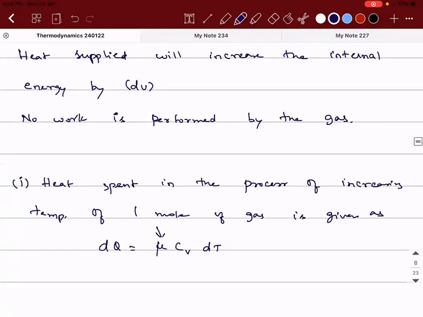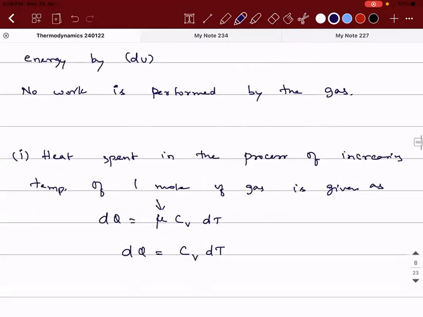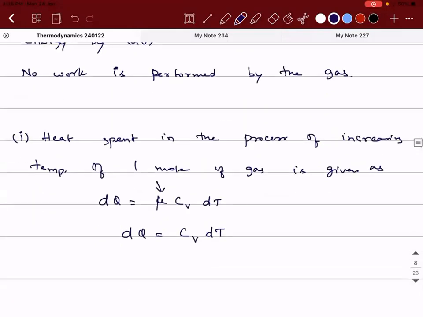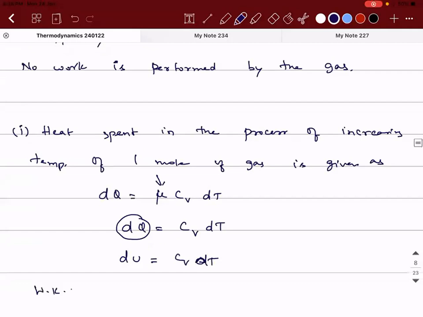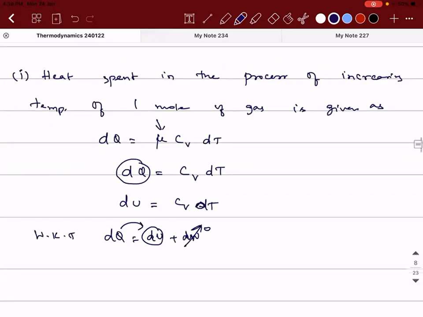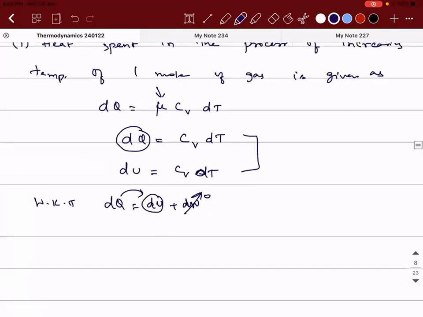If I substitute, I can say dq equals Cv into dT, right? But we know that dq equals dU plus dW, but dW is 0. I can conclude that dq is equal to dU. I will call this equation number 1. Have this in your mind.